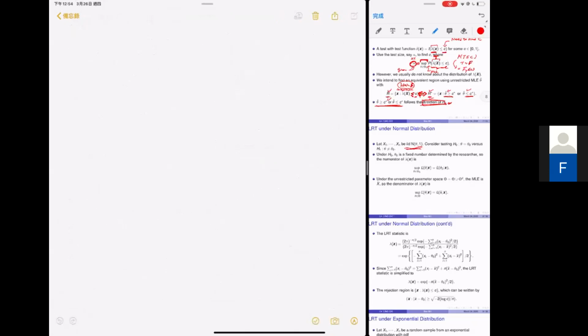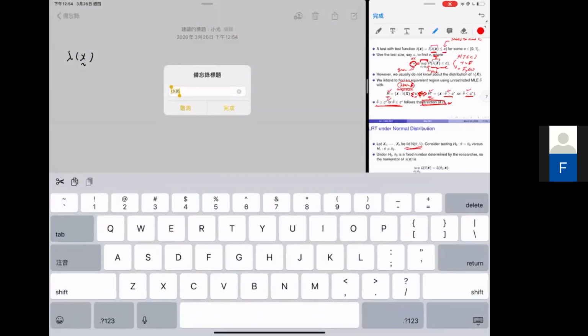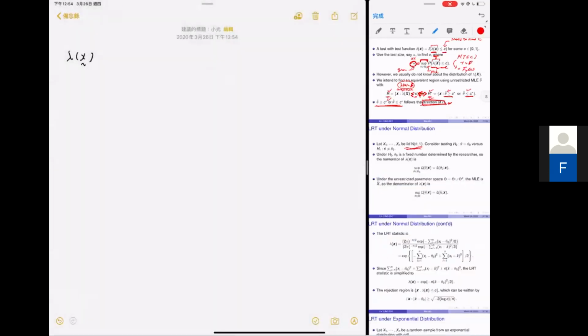So eventually, our lambda x right here is what? Exponential minus, pardon me. You should be able to see what happens if you check the previous slides. Then minus, I think, summation i from 1 to n, xi minus theta 0.